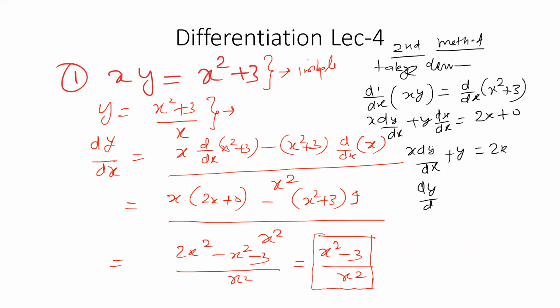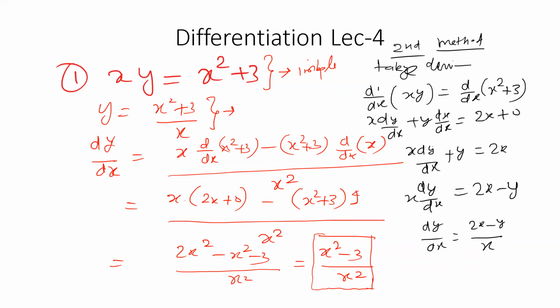So x dy by dx equal to 2x minus y. dy by dx equal to 2x minus y by x. Here this is also correct, but this is in implicit form. Okay.